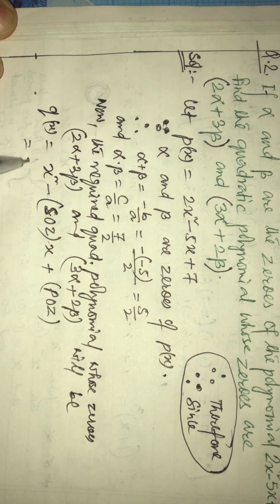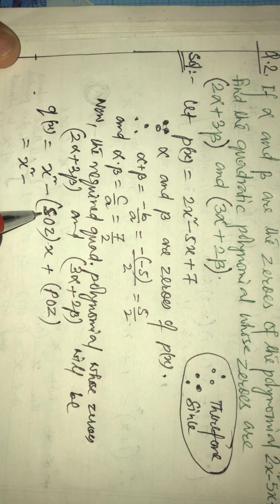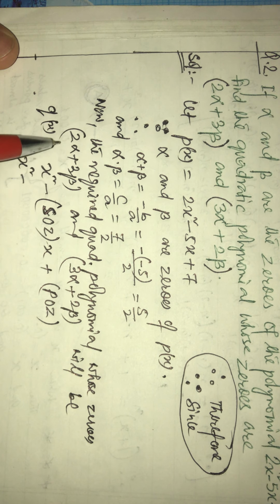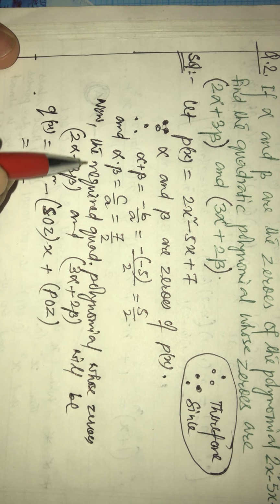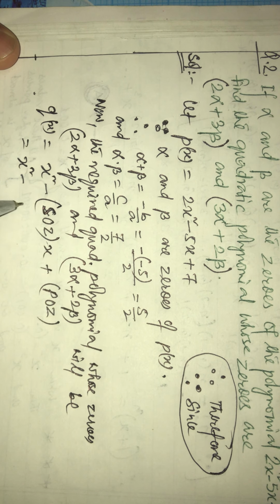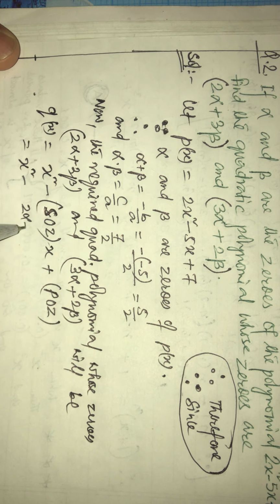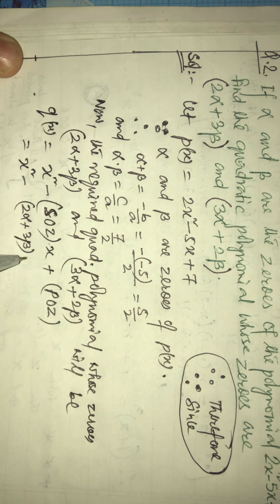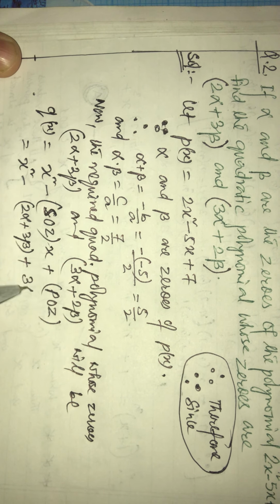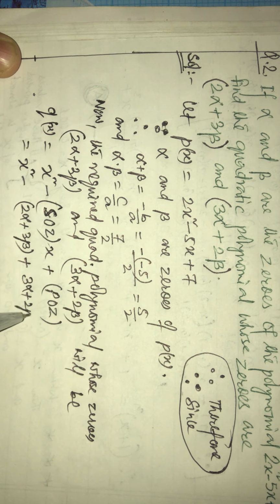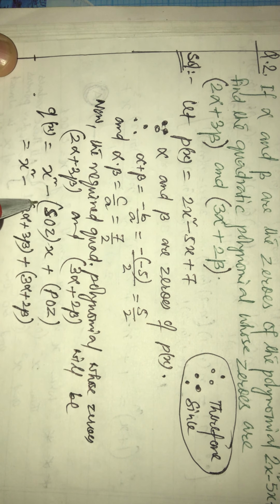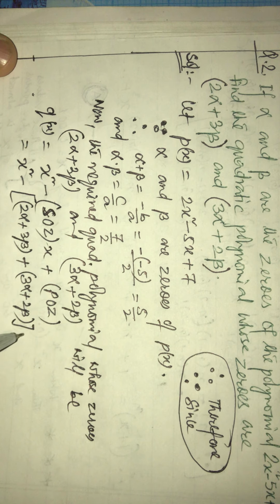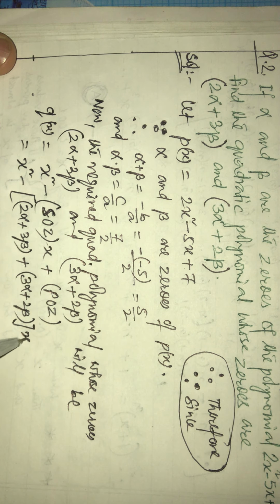Okay, now for the sum of zeros, remember these two are the zeros, this and this, so we will add this and this. 2 alpha plus 3 beta, I'll keep in one bracket, plus 3 alpha plus 2 beta, second bracket, and then a whole bracket for this, keeping x outside.